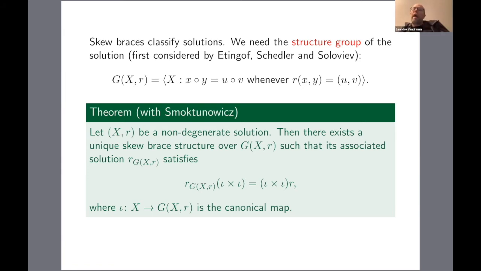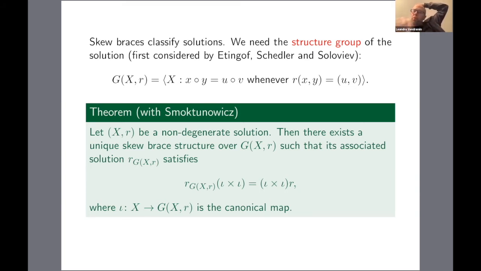Of course, since solutions are arbitrary here, this restriction is a little bit more technical. It is not a restriction in the strong sense. You need to use some map that puts X inside, in some sense, the structure group. But you have to be careful here, because this map iota might not be injective. In general, it is going to be injective in the case of involutive solutions, but not in general.